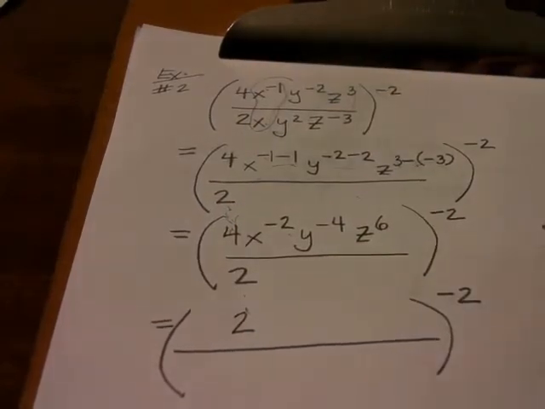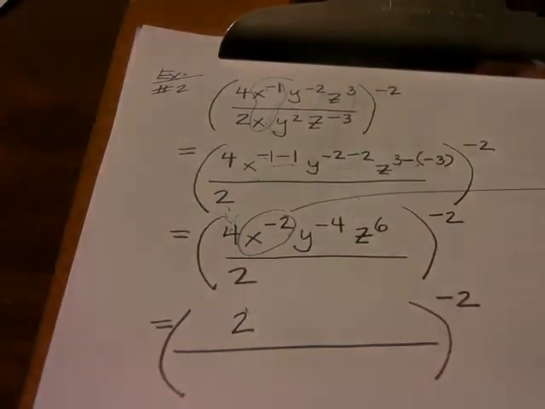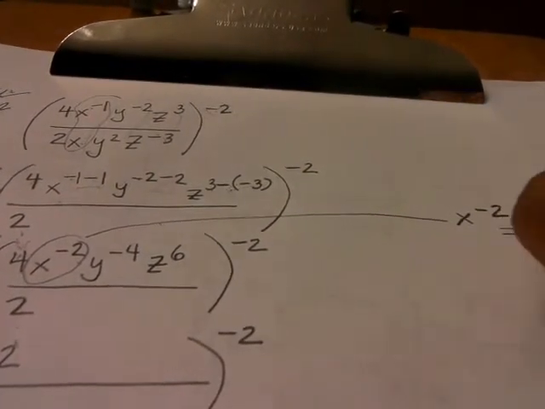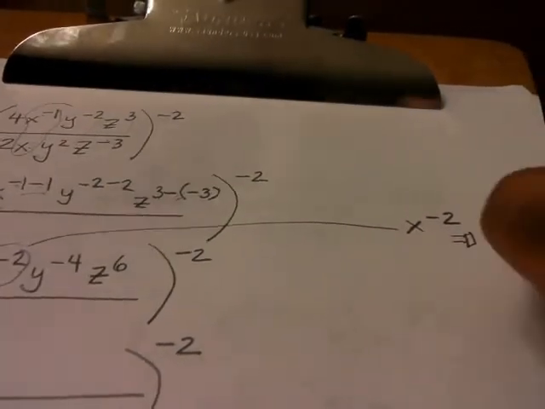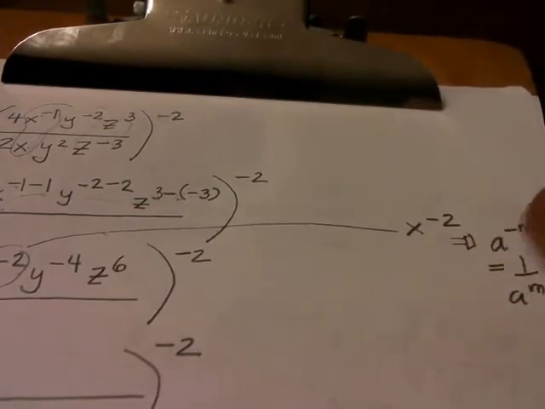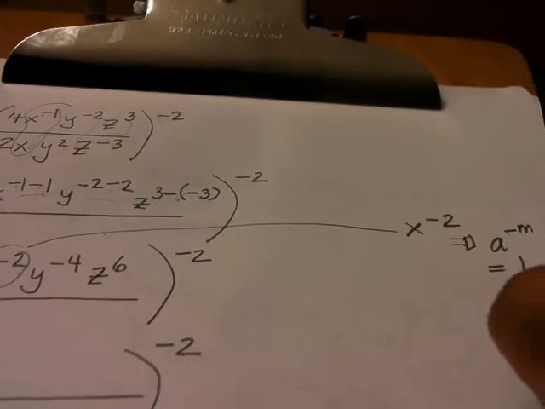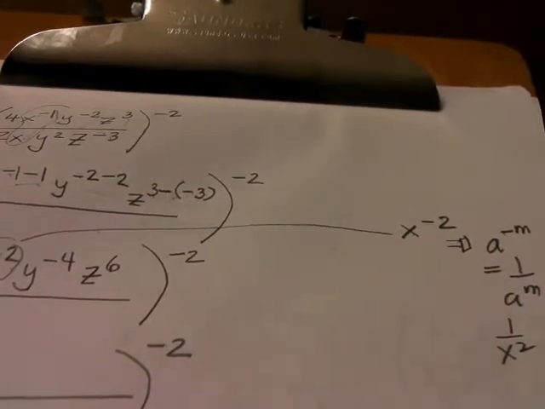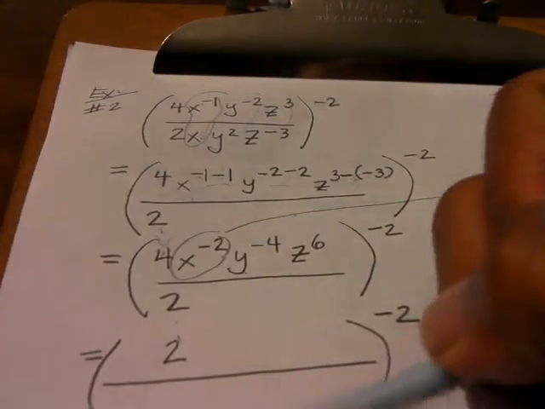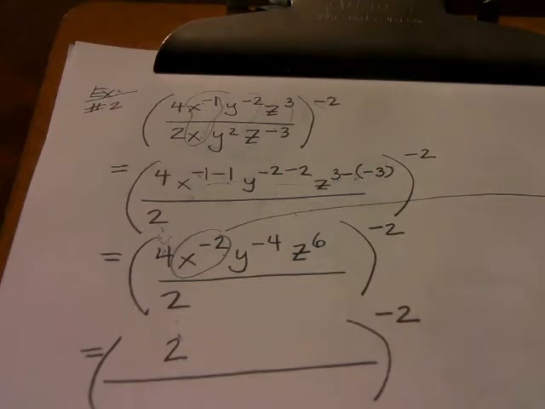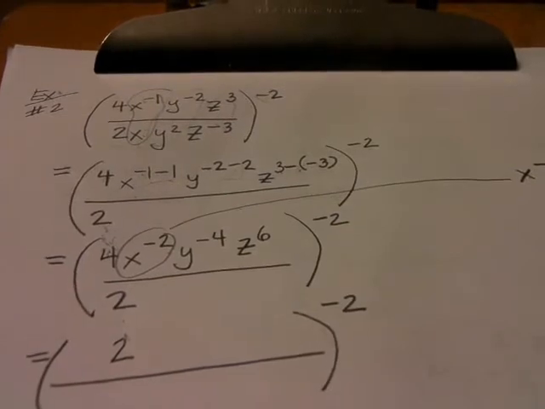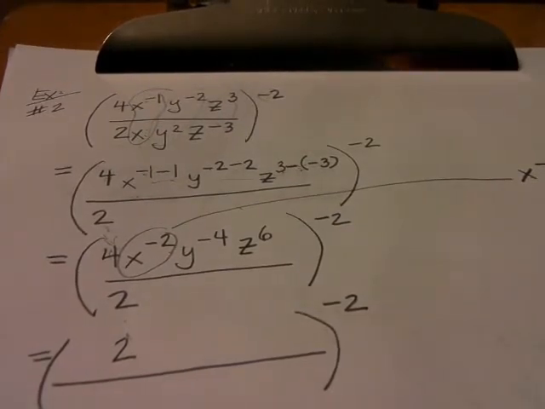When we apply the negative exponent rule, which is a raised to the power of -m equals 1 over a to the m, actually this x raised to the power -2 will become 1 over x squared. But instead of just showing it like that, we can simply take it to the denominator. So any negative exponents that are in the numerator, you can take to the denominator, and you would render it positive. And that's how we can express that.